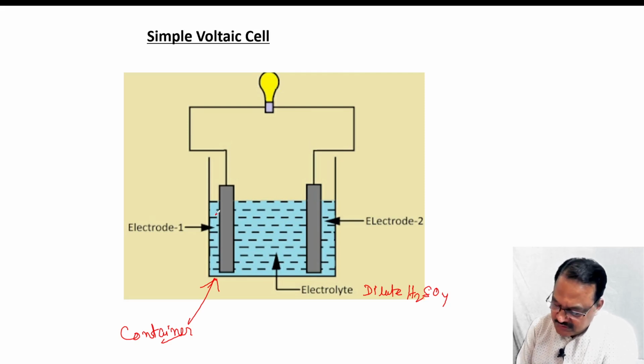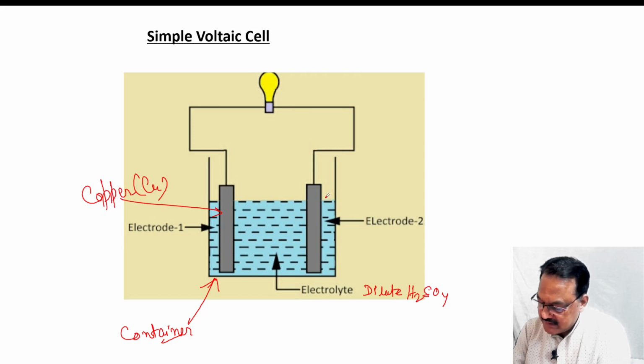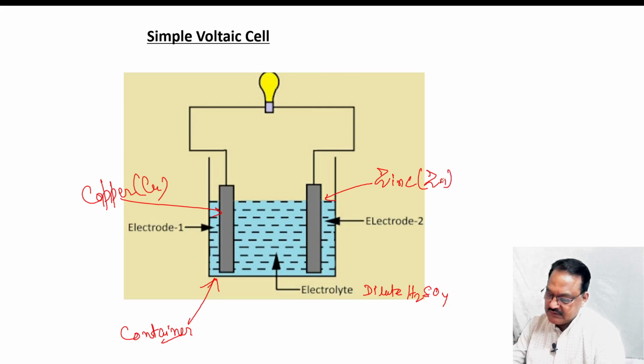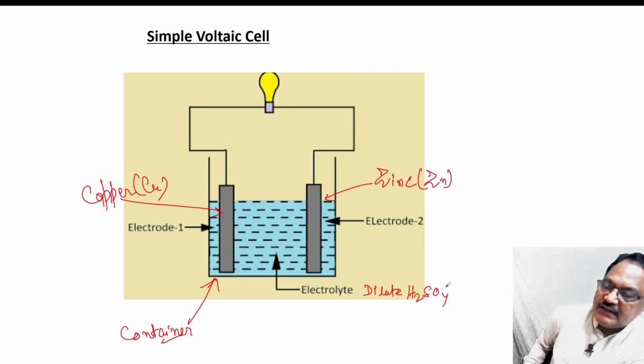This electrode is made of copper, Cu. And this other electrode or conductor is made of zinc. And this, as I told, is sulfuric acid. Then what is a simple cell?